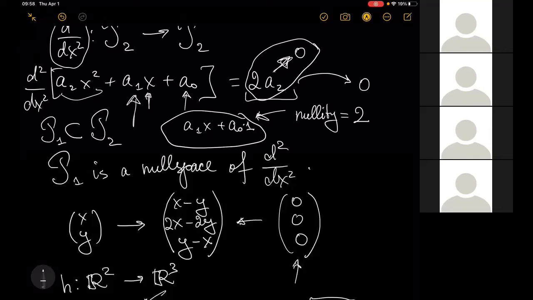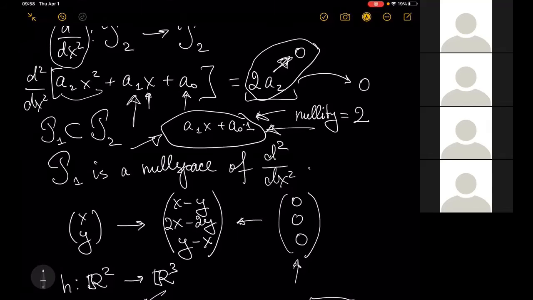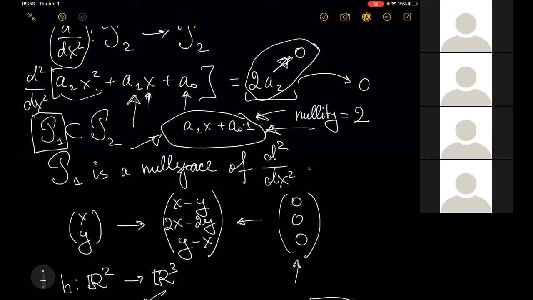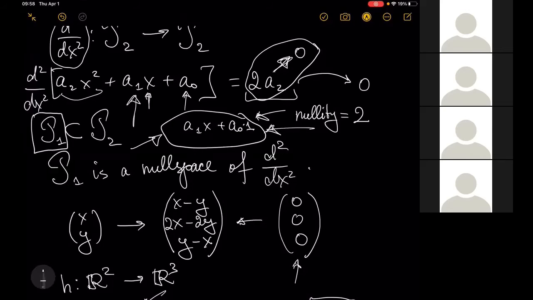It means that any polynomial like that is mapped to zero, right? So as a result, I know that my null space is the space of polynomials of degree 1, which is a subspace of the polynomials of degree 2, right? Any questions?